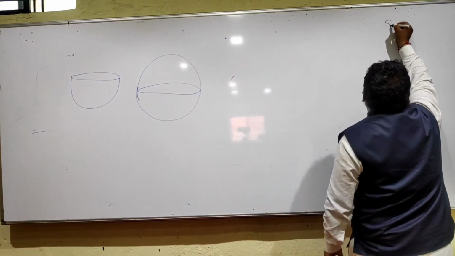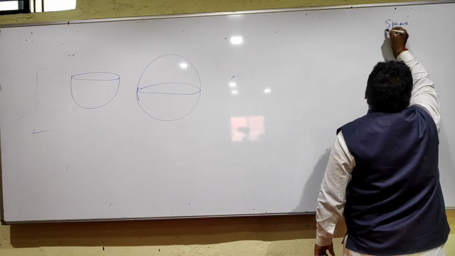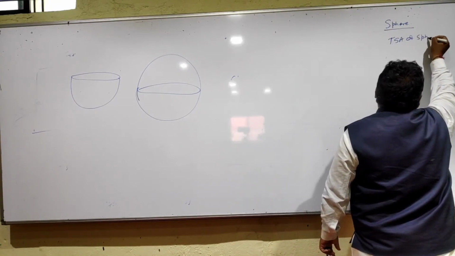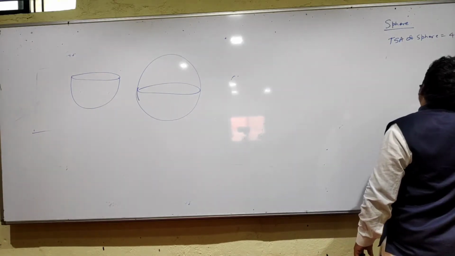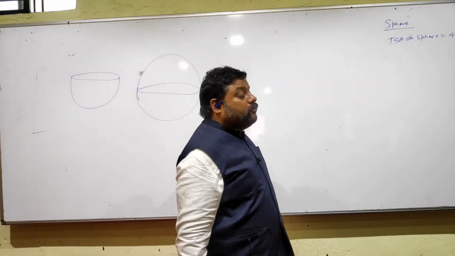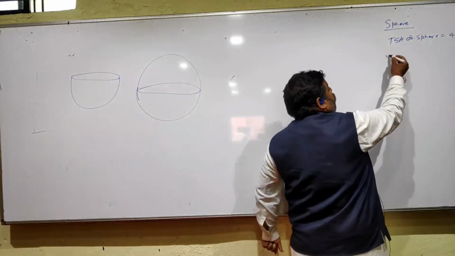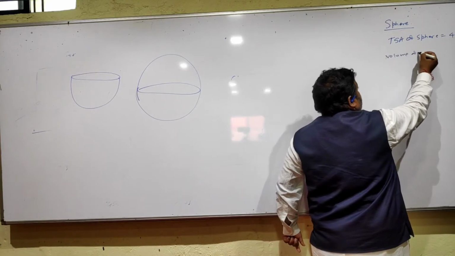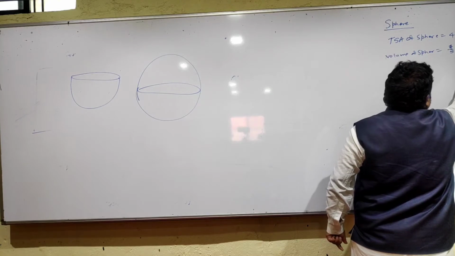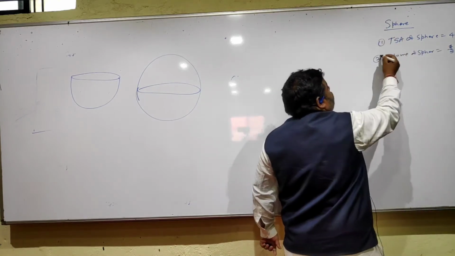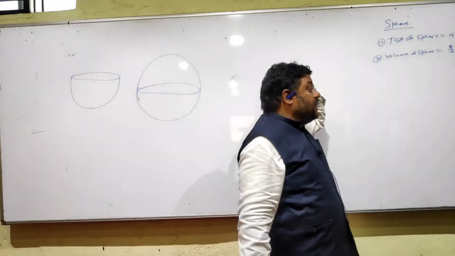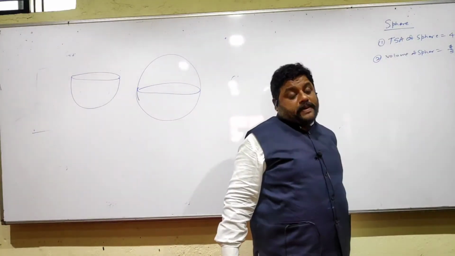So when we talk about a sphere, there is only the total surface area, which has the formula 4 pi r square, and the volume of a sphere is 4 by 3 pi r cube. These are the two formulas for the sphere.